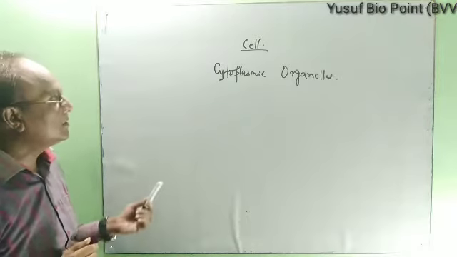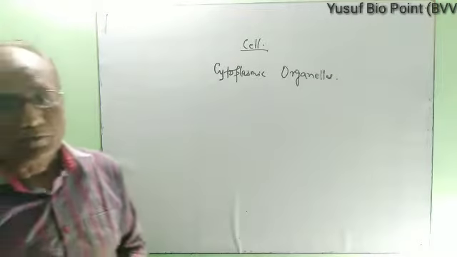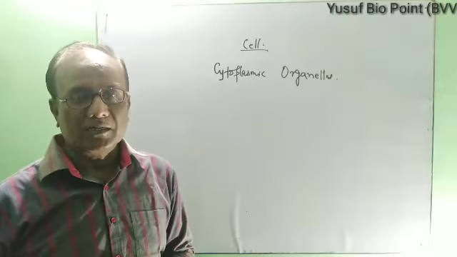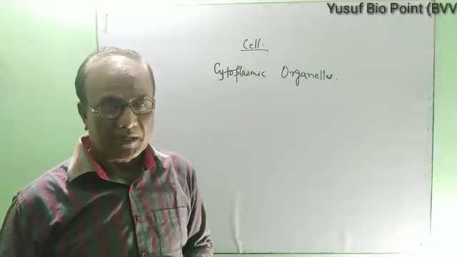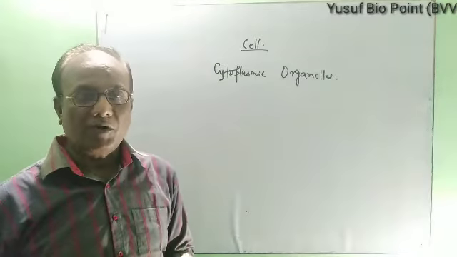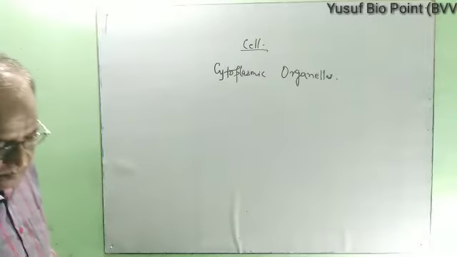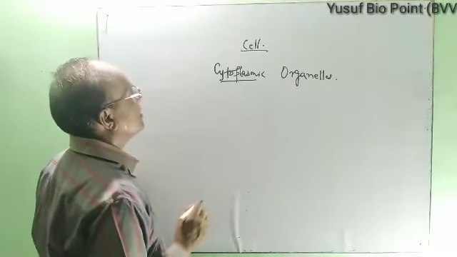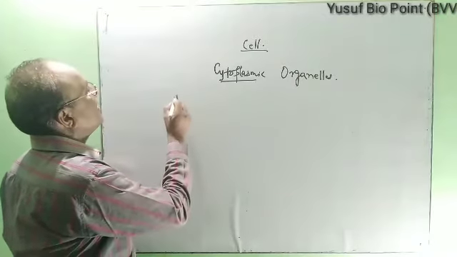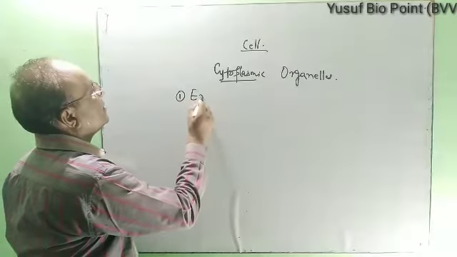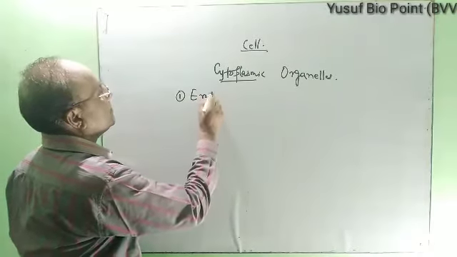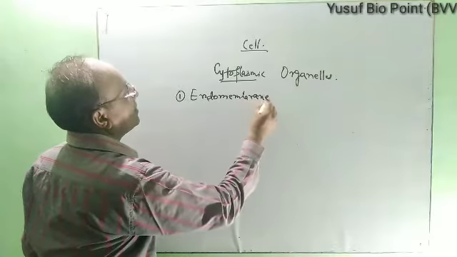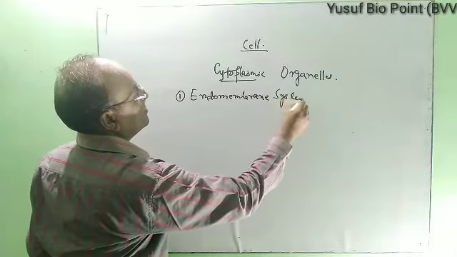In these cytoplasmic inclusions, you know that endoplasmic reticulum, ribosomes, Golgi bodies are certain organelles found there. Now, we shall first study the endomembrane system.